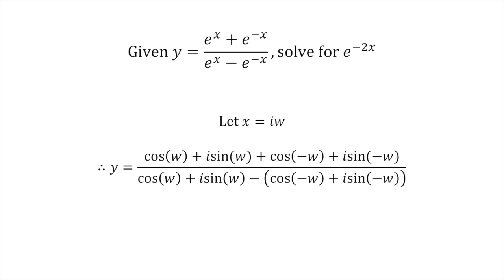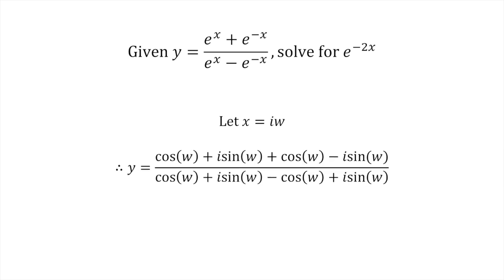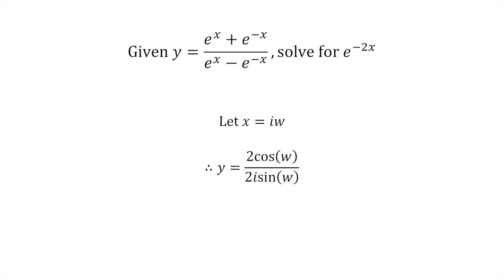And then going through and replacing the cosines and sines of the negative w with their respective cosine w and sine w, you get this right here. And then once again, just going through and cleaning it up a bit, you get that here, 2 cosine w over 2i sine w, and that is just negative i cotan w.